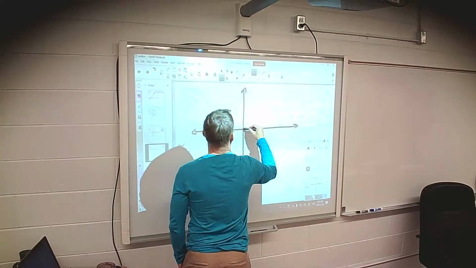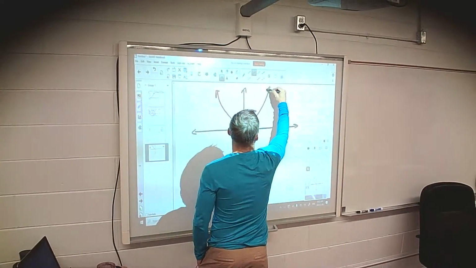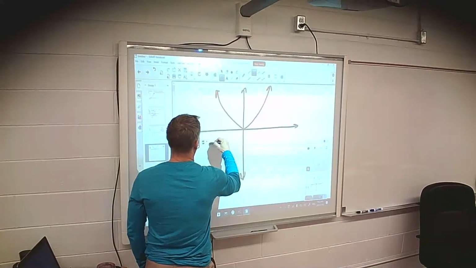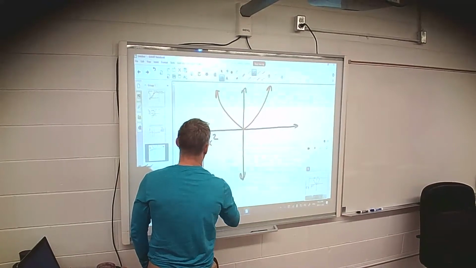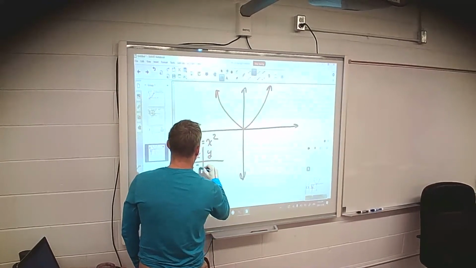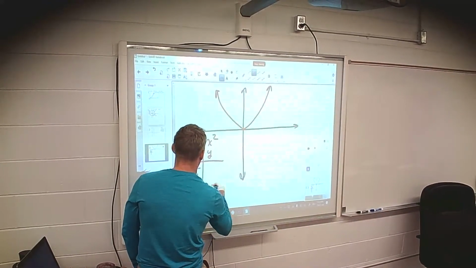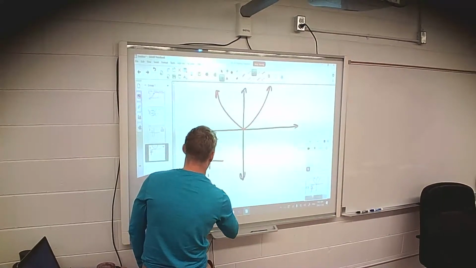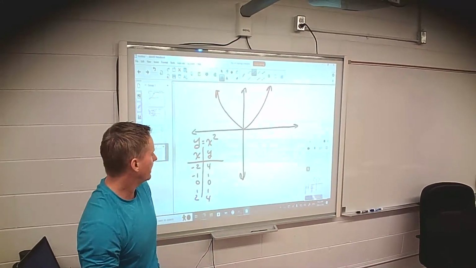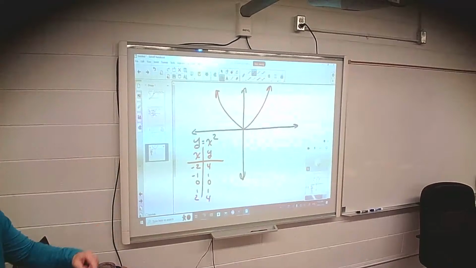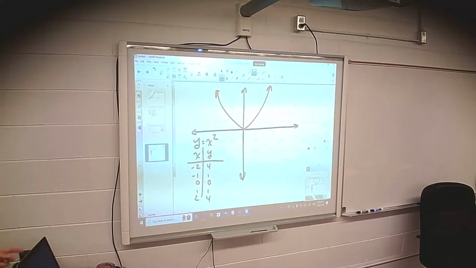I'm going to go back to the graph I just drew you. Y equals x squared. X, y, I'm going to put in some coordinates. Those are the coordinates. X is minus 2, y is 4. X is minus 1, y is 1, 0, 0, 1, 1, 2, 4.